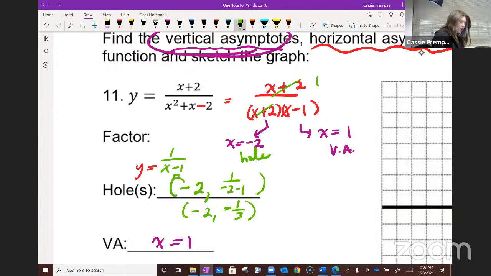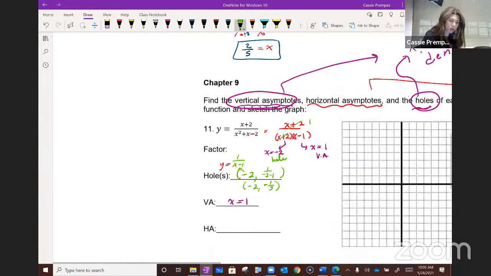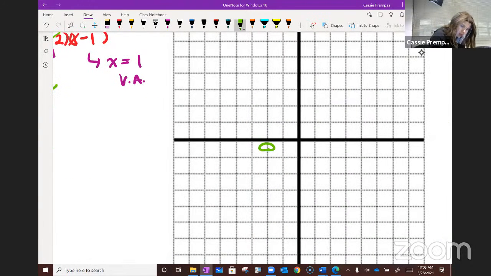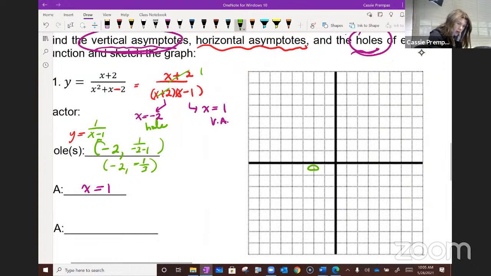Nice. All right, so now I'm going to go ahead and plot these things. I'm going to plot a hole at the location -2, -1/3, like that. I'm going to graph a vertical asymptote that goes up and down through the x coordinate of 1.